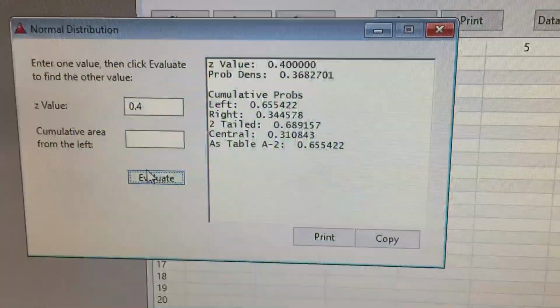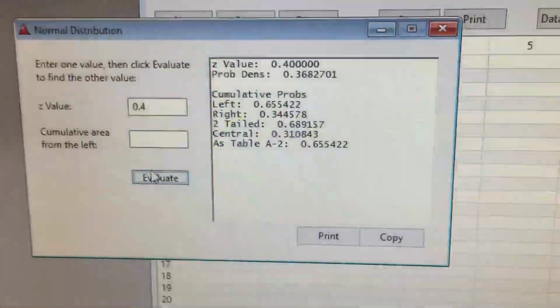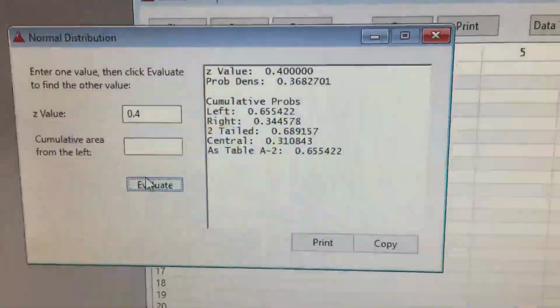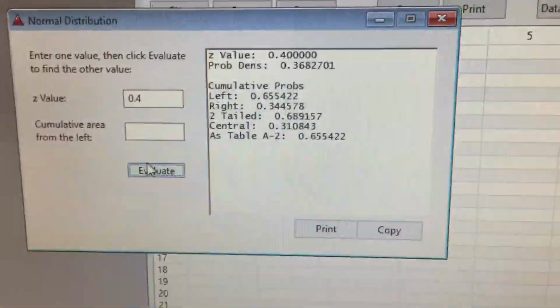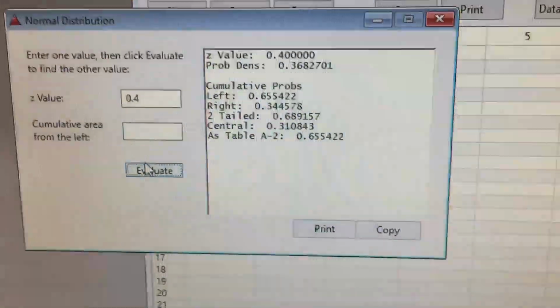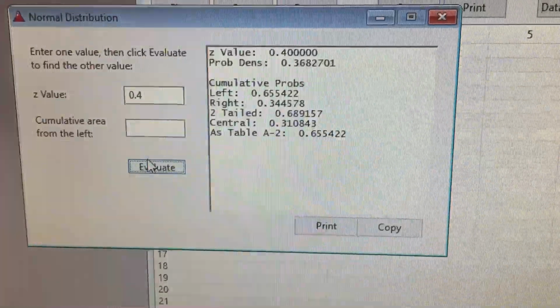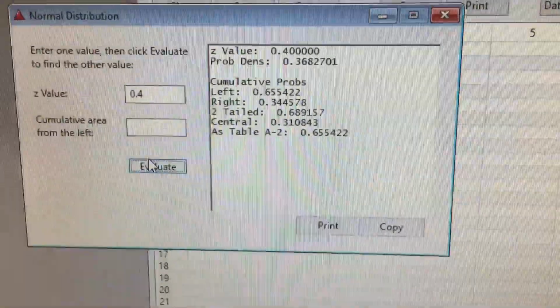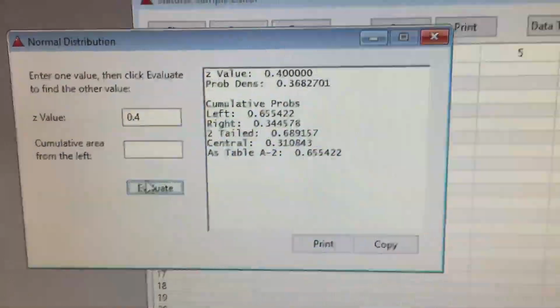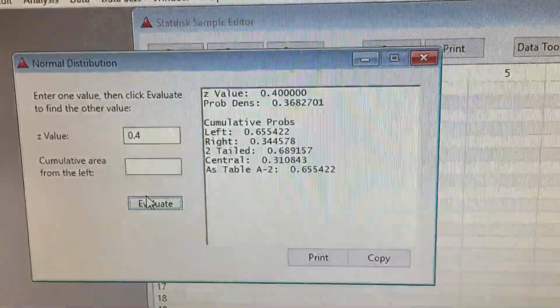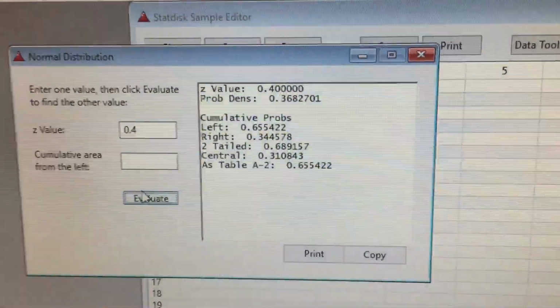That would be the answer for the probability of a value less than 0.4, which in this case is 0.6554, if we were to round that off to 4 decimal places. So all your probabilities, you're going to round to 4 decimal places. Keep that in mind when you type in your answer in the actual StatDisk assignment.